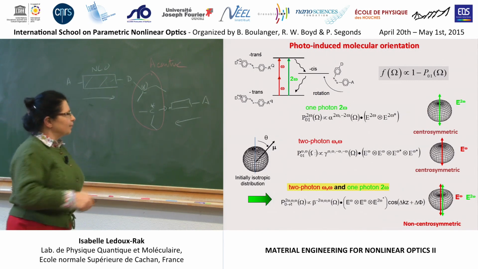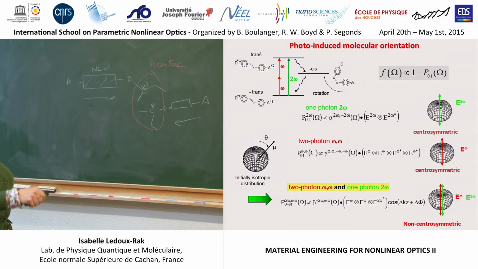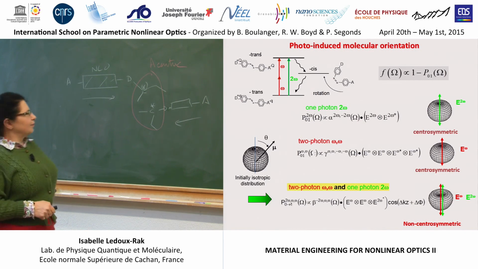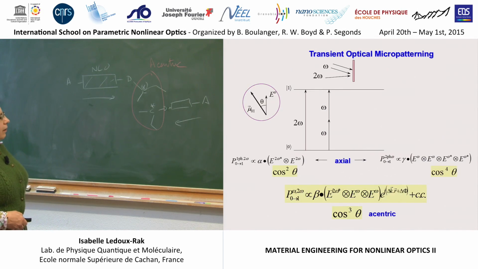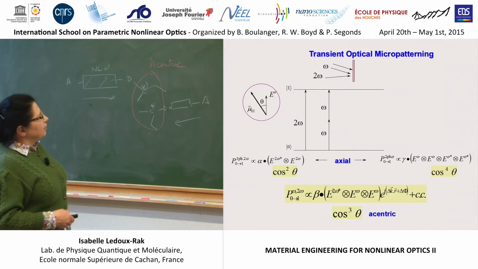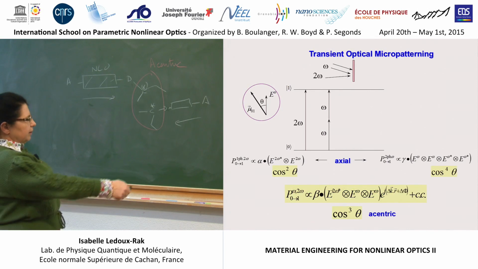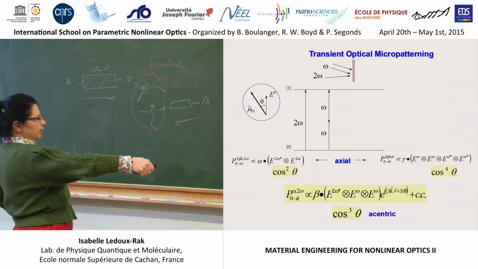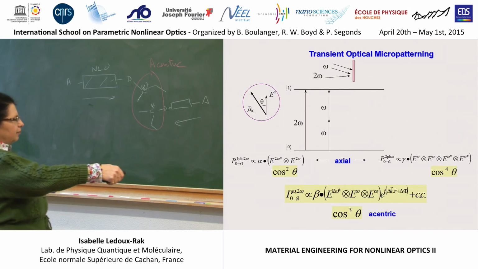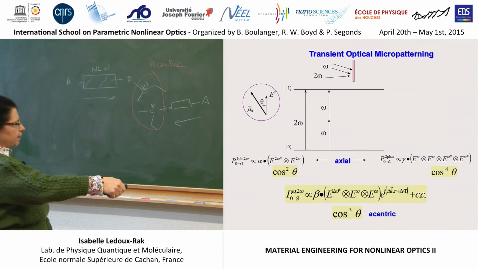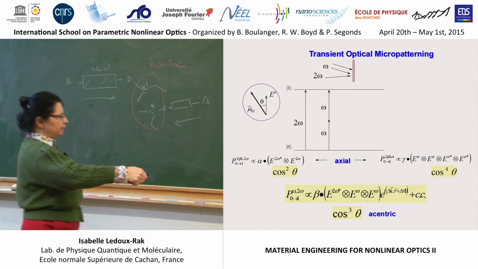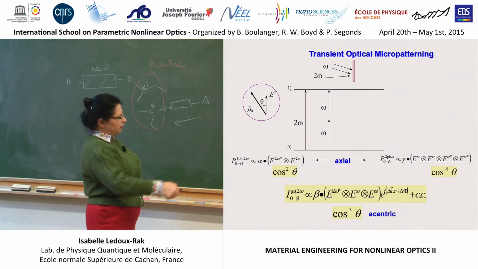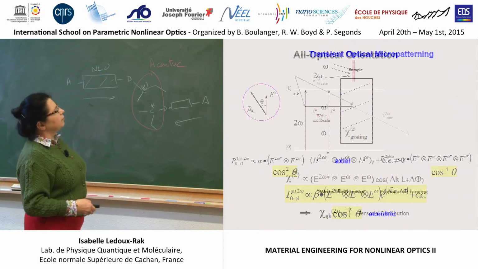I think that after, you will be convinced of the relevance of this orientation process. Once again, really keep in mind that at each step you have the centrosymmetric orientation here, and non-centrosymmetric: even exponent of cosinus and odd components of cosinus.